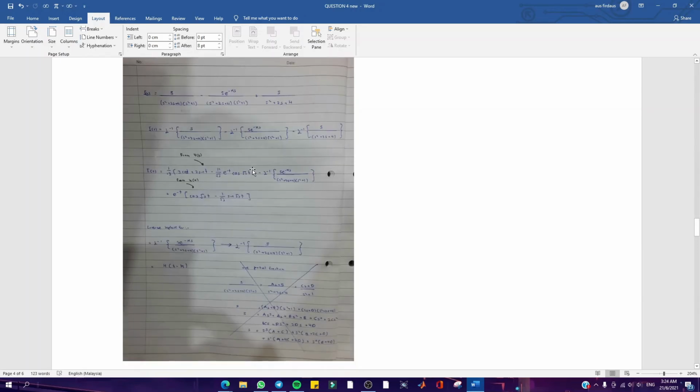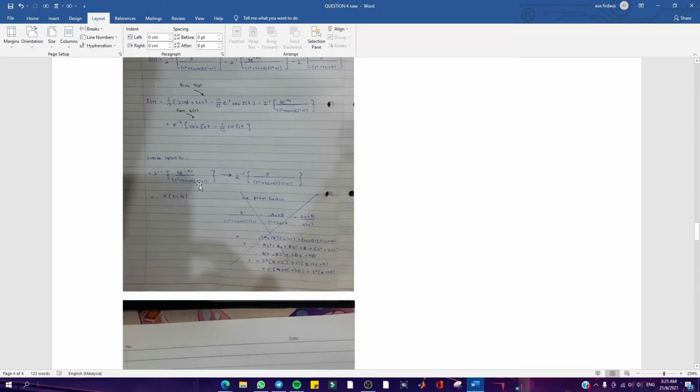And then for the inverse Laplace of e to the power negative pi s over s squared plus 2s plus 4 times s squared plus 1 here, we will get like this. So this is the unit step. The inverse Laplace for e to the power negative pi s, we will get u(t minus pi). So the left is inverse Laplace of s over s squared plus 2s plus 4 times s squared plus 1.